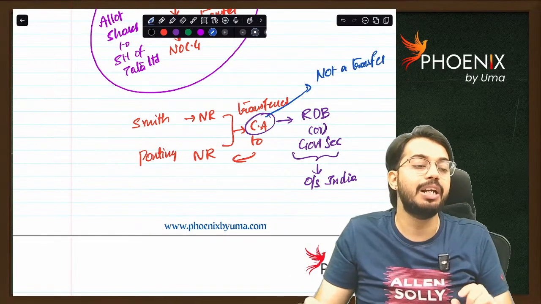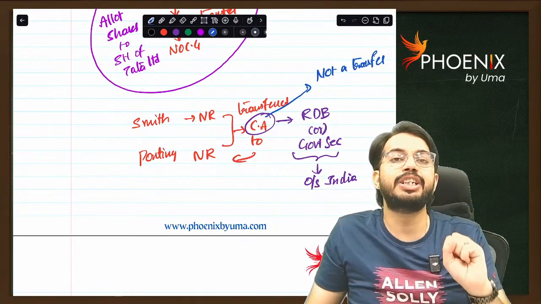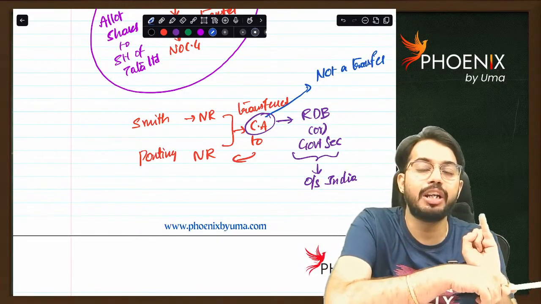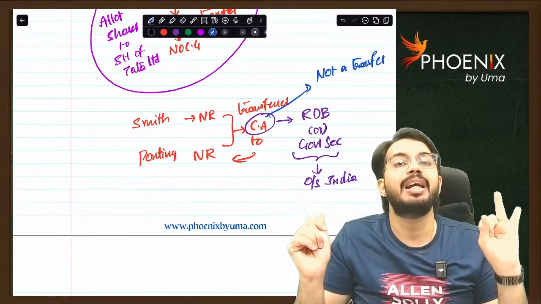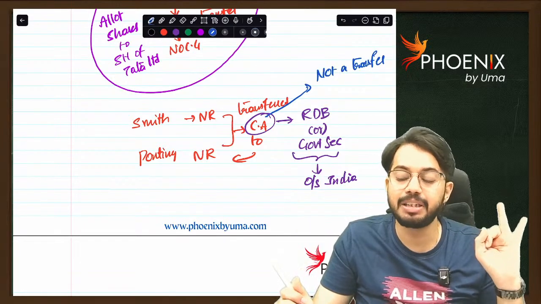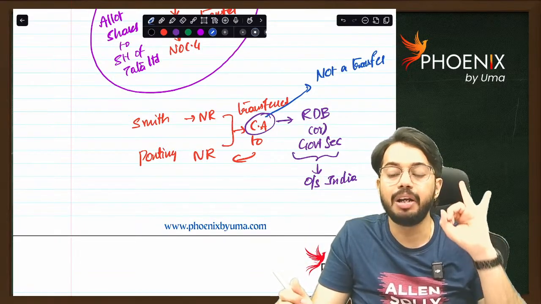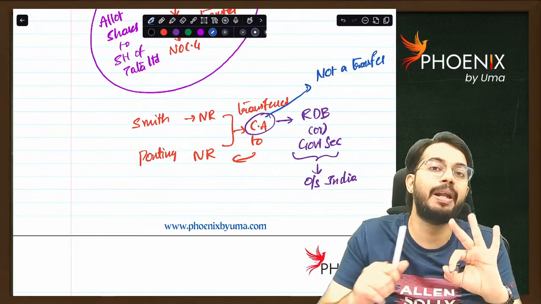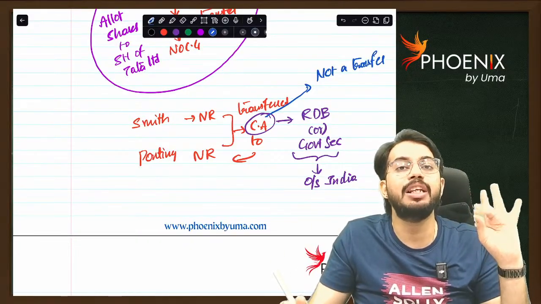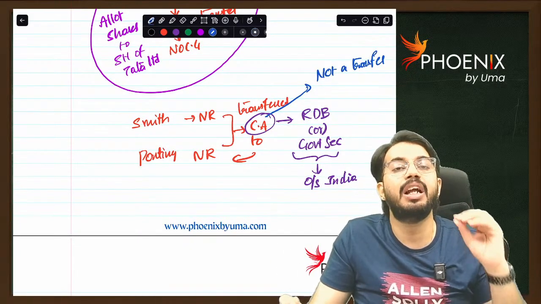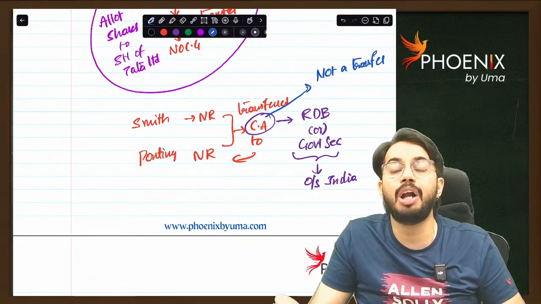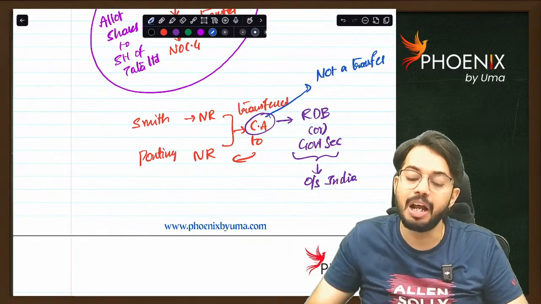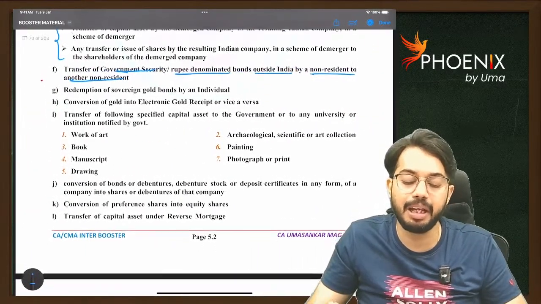Are you able to understand? So three conditions: transaction should take place between one non-resident and another non-resident, capital asset transferred is rupee denominated bond or government security. Condition 3, the transaction should happen outside India. If all these three conditions are satisfied, then the transfer of rupee denominated bond or government security is not a transfer and no capital gains are required to be calculated.